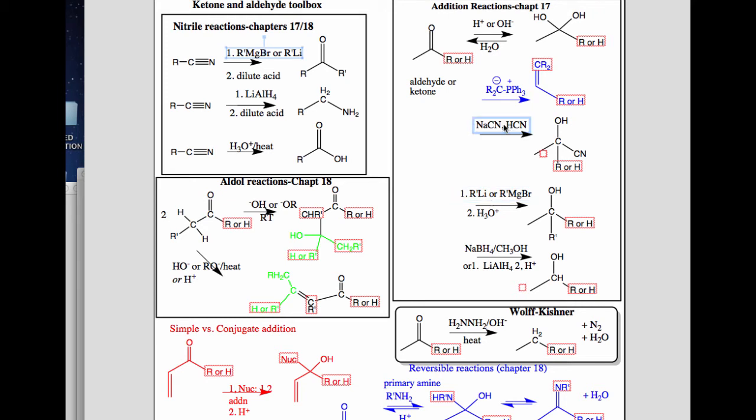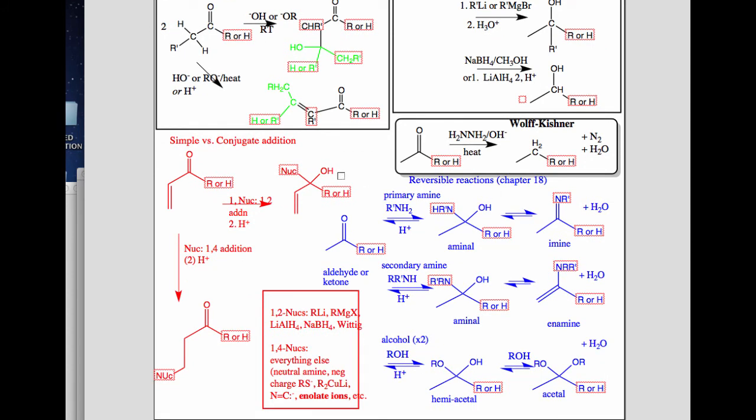Finally, in the ChemActivity, we saw the addition of sodium cyanide, a much weaker nucleophile, to a carbonyl reversibly in the presence of HCN. This reaction actually shows up in our textbook in Chapter 18. One additional reaction we saw in Chapter 17, and will see again in Chapter 18, is that some nucleophiles, most specifically the strong-base nucleophiles alkyllithium or magnesium reagents, lithium aluminum hydride, sodium borohydride, and Wittig reagents, add exclusively to the carbonyl carbon even when there's a conjugated alpha-beta pi bond.